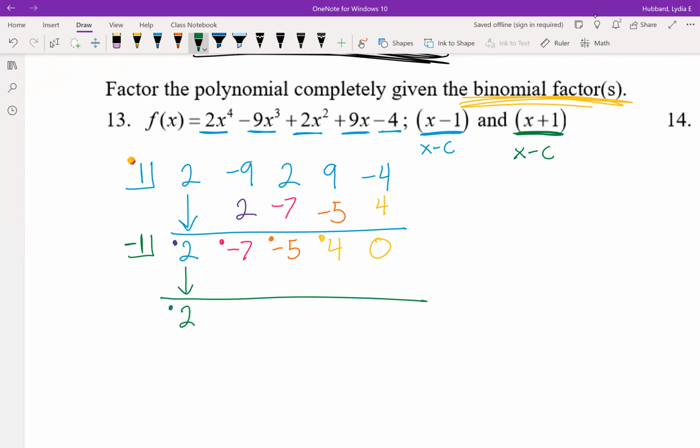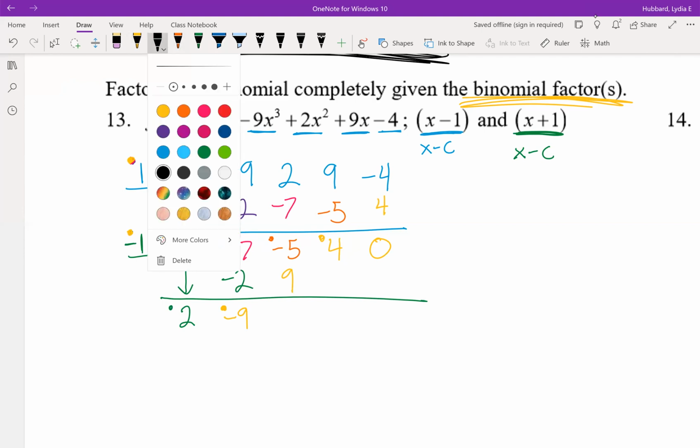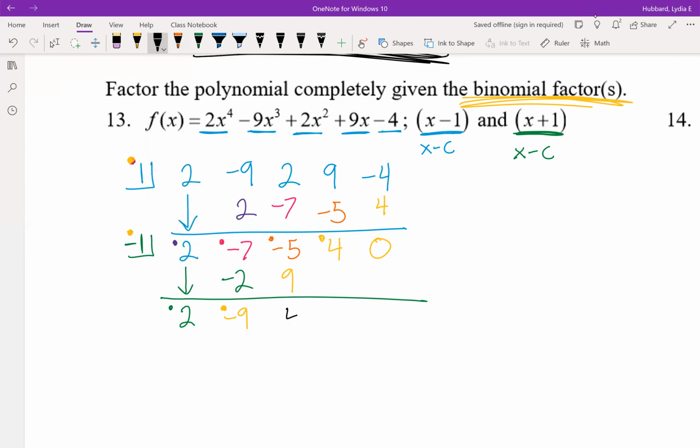And then I do 2 times -1, which would give me -2 right here. And then I'll add straight down. So when I add straight down, that's going to give me -9. -9 times -1 will give me a +9. I'll add straight down, which would give me a +4. And 4 times -1 would be a -4. I add straight down and I get 0.